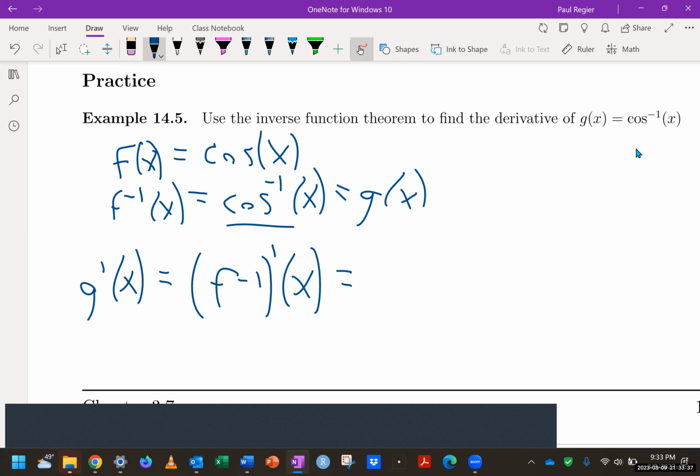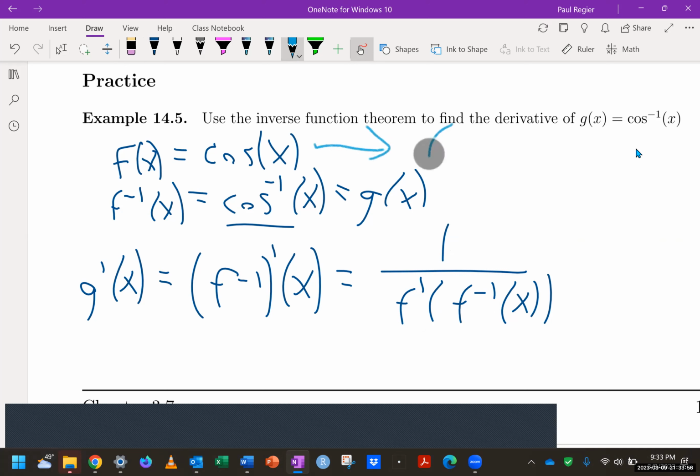So, according to the inverse function rule that we found, this is 1 over f prime of f inverse of x. So, if f of x is cosine x, this tells us f prime of x is negative sine x.